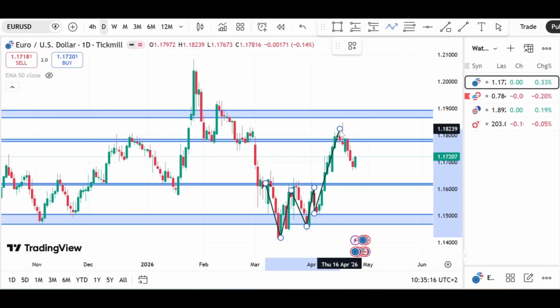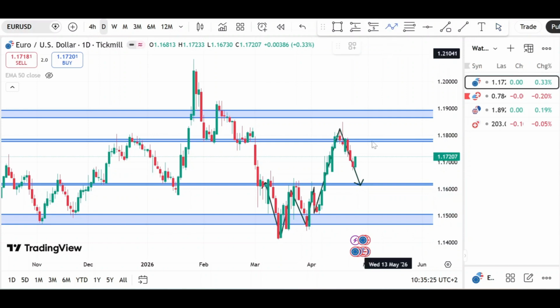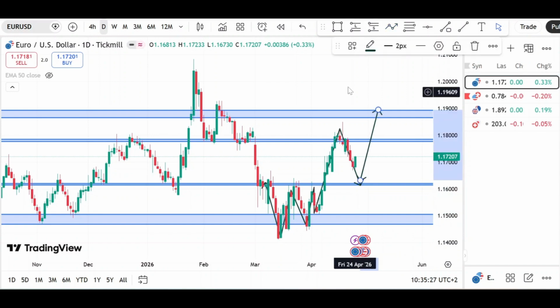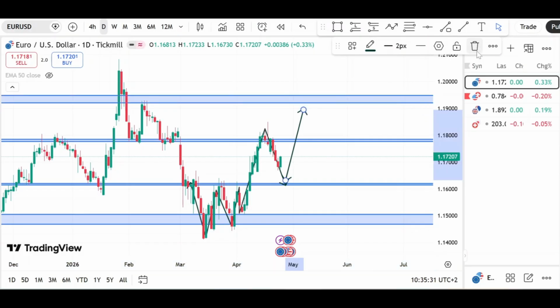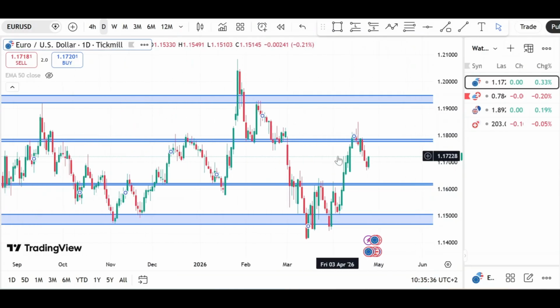So we might expect the price to return back here to retest this daily zone to create a higher low before going up. And how are you going to capitalize on this move?